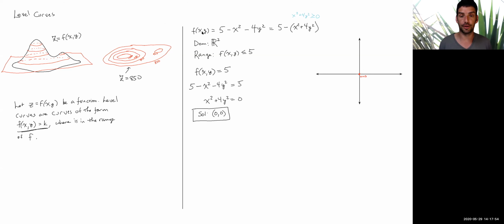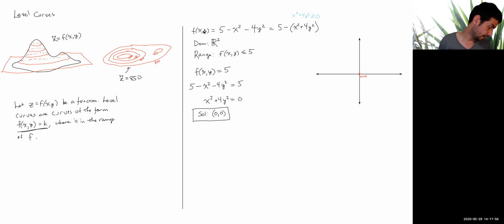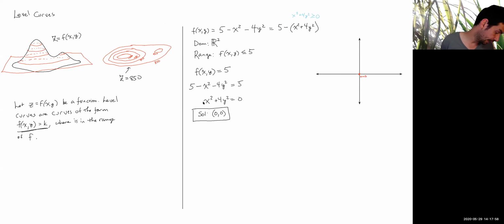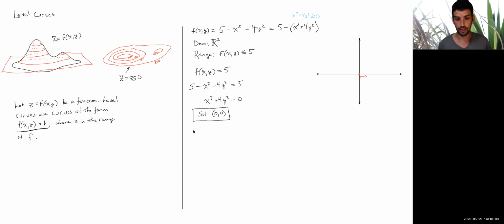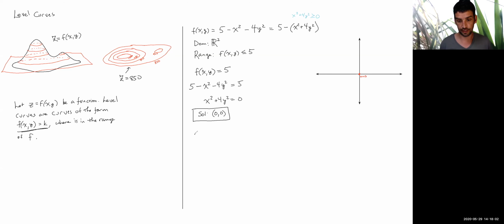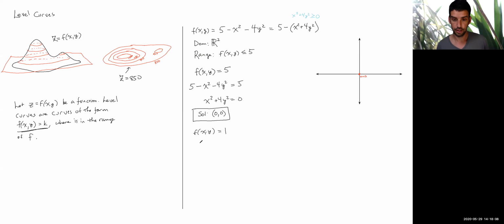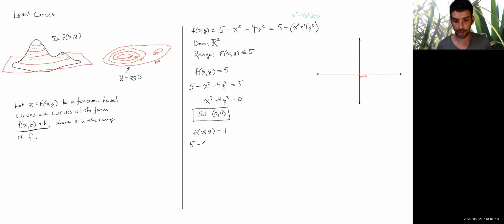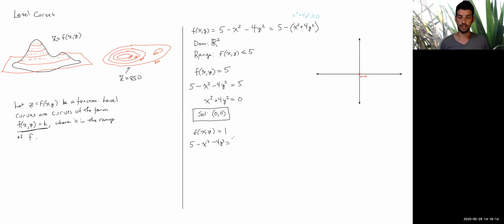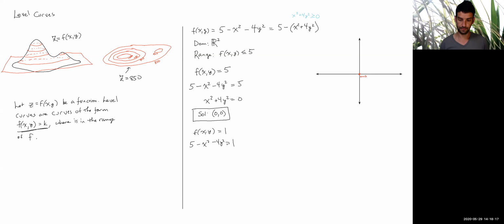So let's try another one. Let's try k equals 1. In other words, let's look at the equation f of xy equals 1, which is going to look like 5 minus x squared minus 4y squared equals 1.